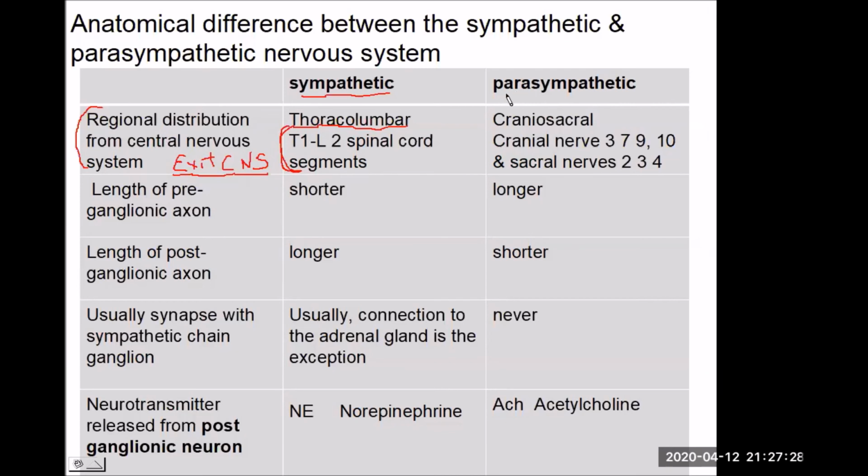A very different location for parasympathetic, the name craniosacral, and we notice is specifically cranial nerves 3, 7, 9, and 10, oculomotor, facial, glossopharyngeal, vagus nerves, and sacral nerves, sacral nerve 2, 3, and 4, just commonly called S2, S3, S4.